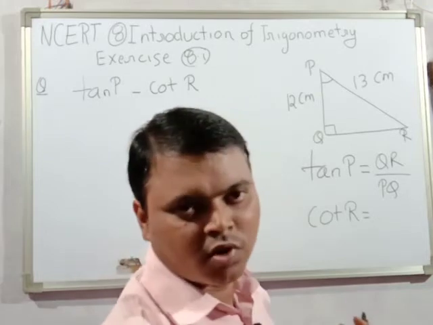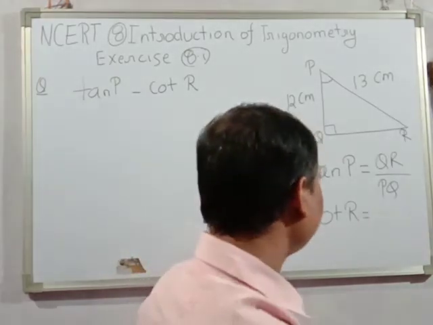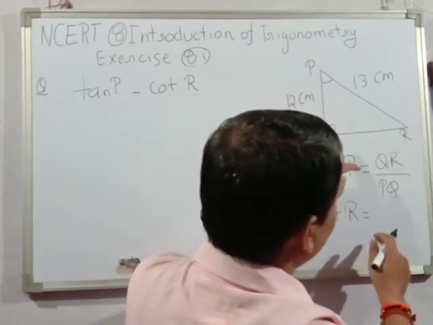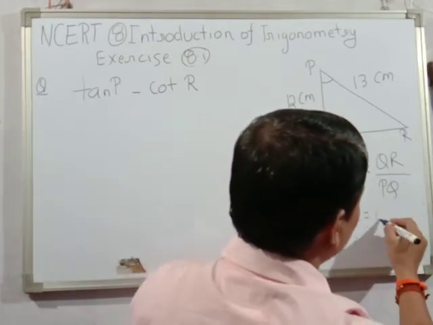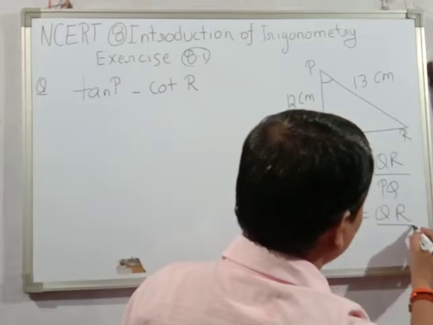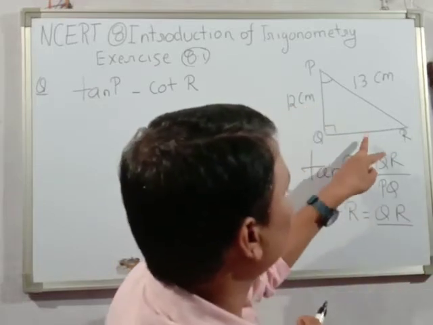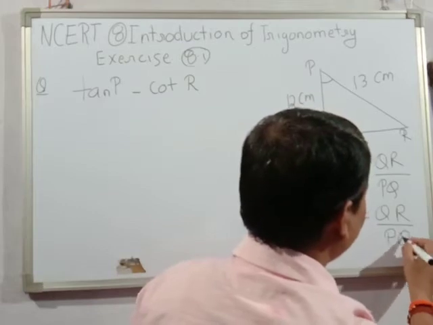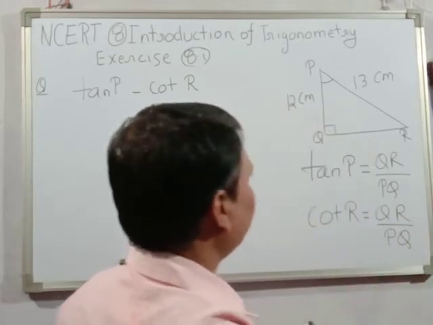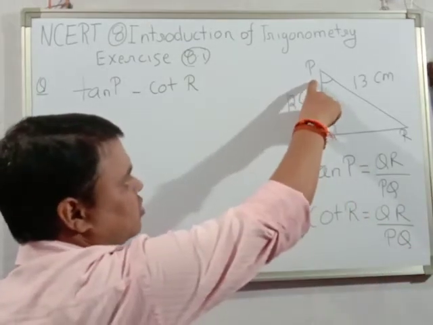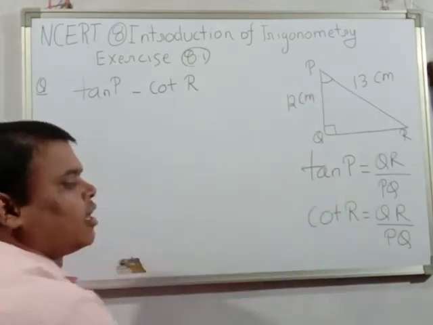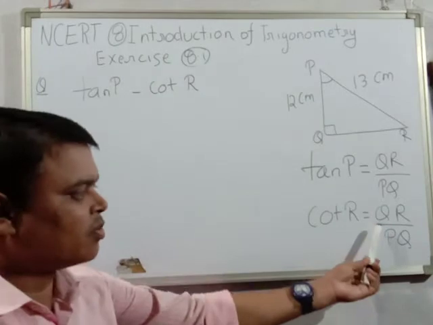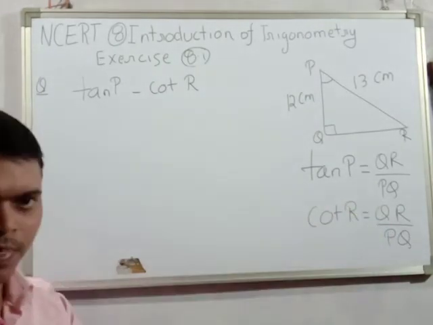What is the reciprocal of tan? So cot R is the side adjacent to angle R by the side opposite to angle R, that is QR by PQ. Both values are the same.